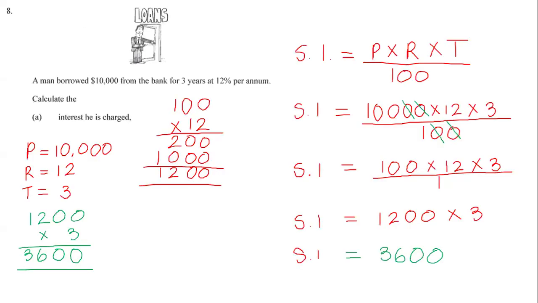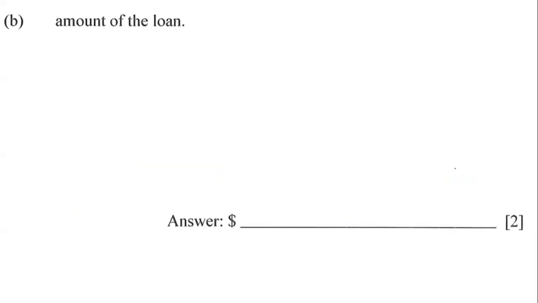We already know the interest charge. Class, what is the amount of interest that is charged? 3,600. But now I want the total amount of the loan. How am I going to get it? What am I going to do?